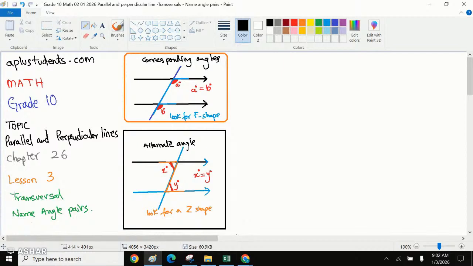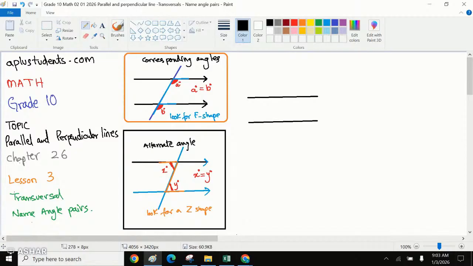That is interior angles, right? If we have a pair of parallel lines, and let's suppose we have one more pair of parallel lines here, and another parallel line. In the corresponding case, we were looking for an F shape being formed. In alternate, we were looking for a Z shape being formed.